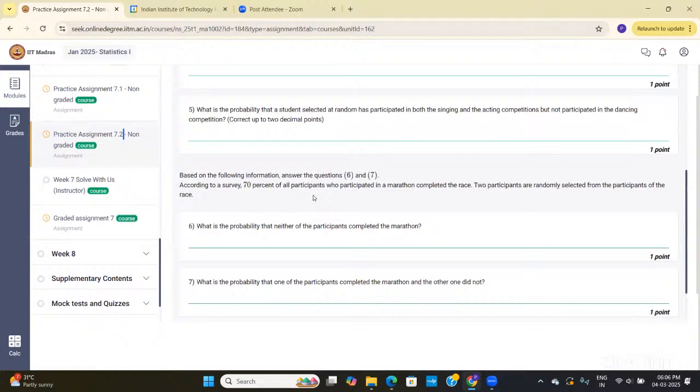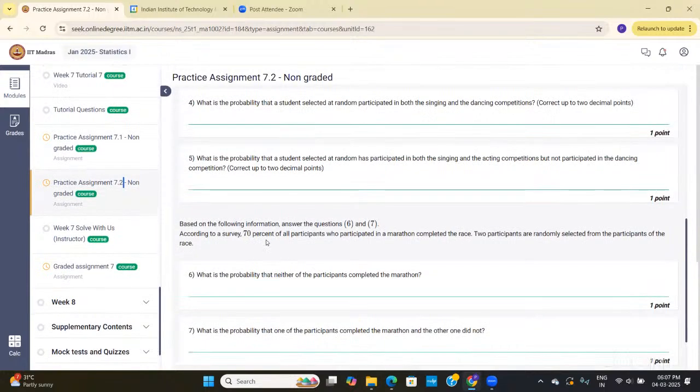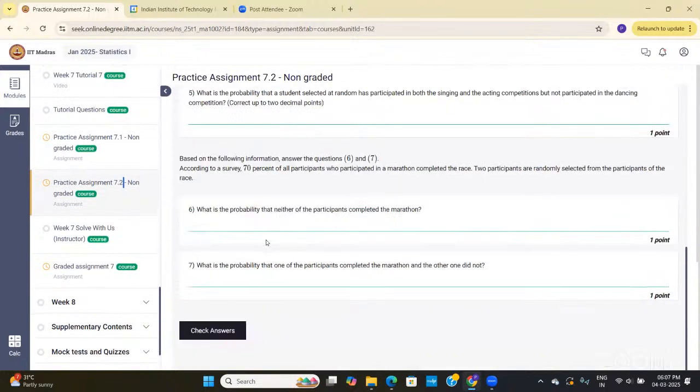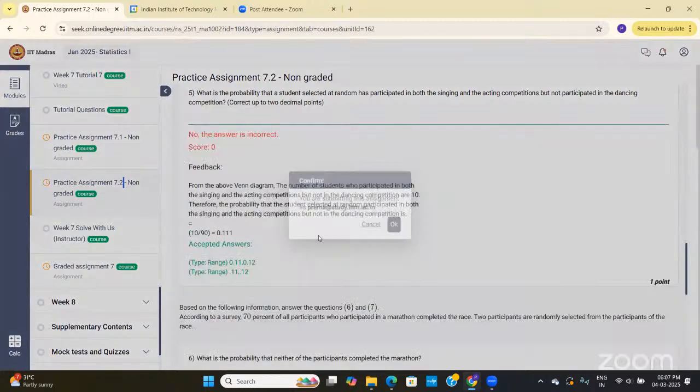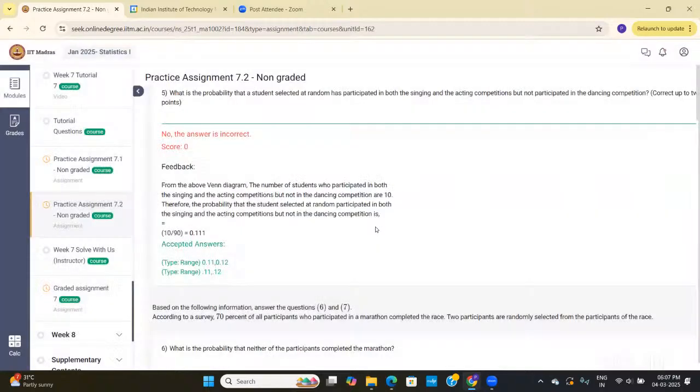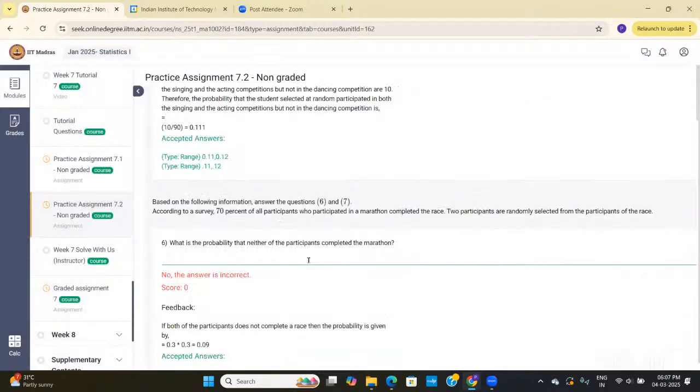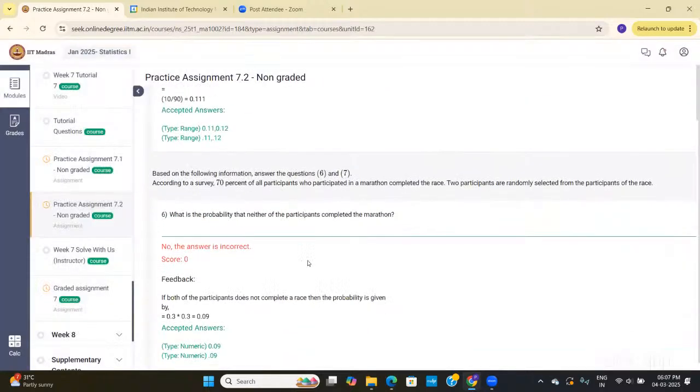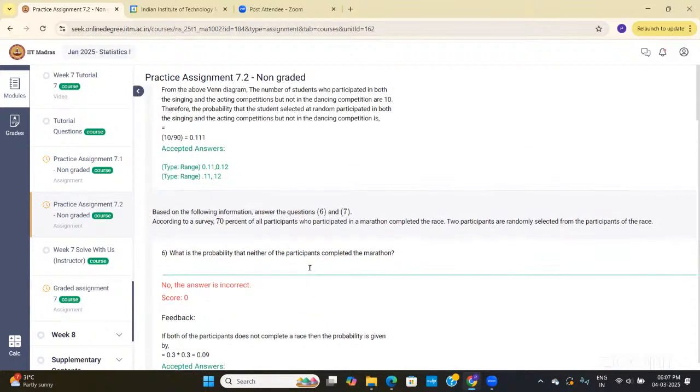For practice assignments, solutions are already given. Did you check the solution first? No, ma'am. Which question do you want to ask? Question number 5.